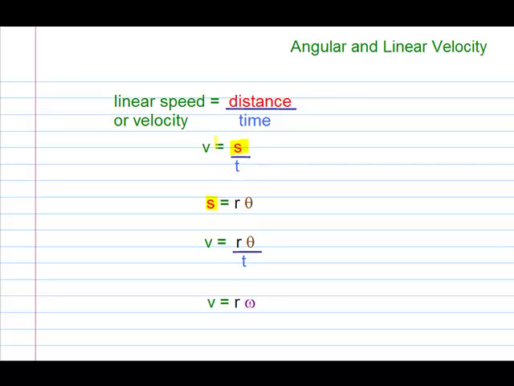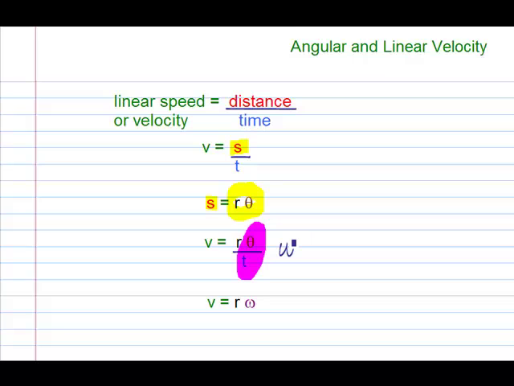So what we're going to do is take this formula, v equals s divided by t, and instead of the s, replace it with r times theta, the radius of the circle times theta, the angle in radian measure. So now we have v equals r times theta divided by t. And one last step: on the previous page we talked about theta per unit of time, radian measure per unit of time, as being angular velocity, or omega.